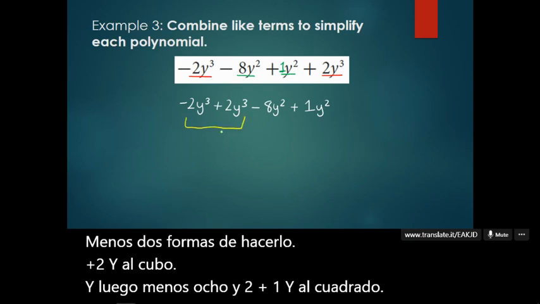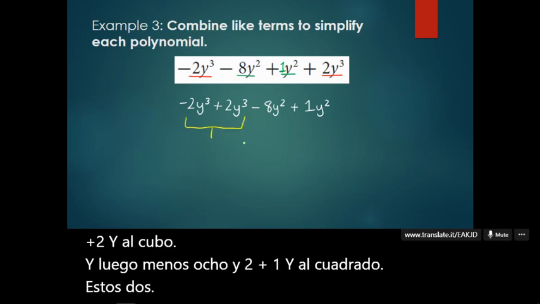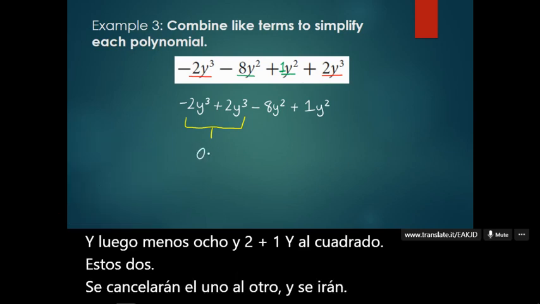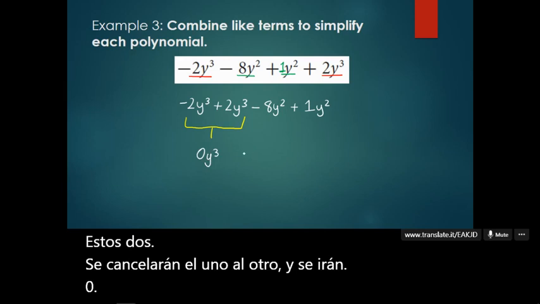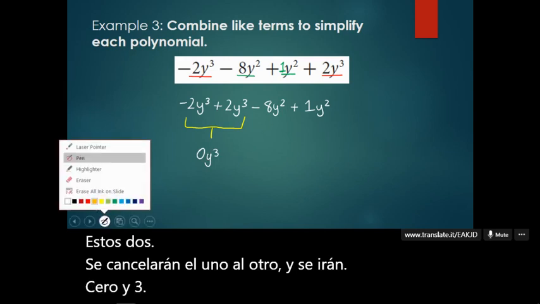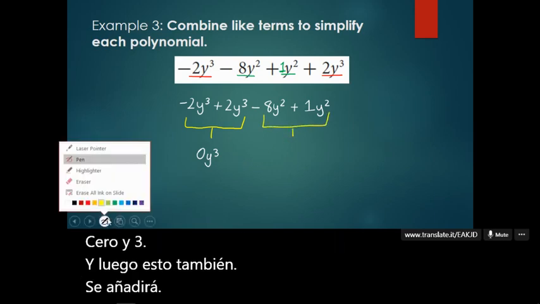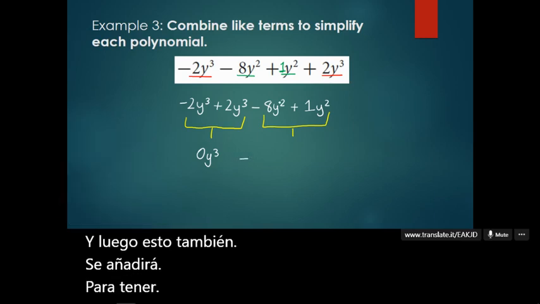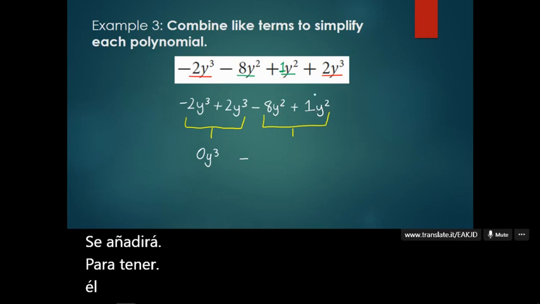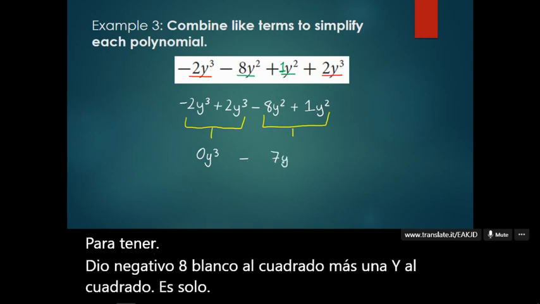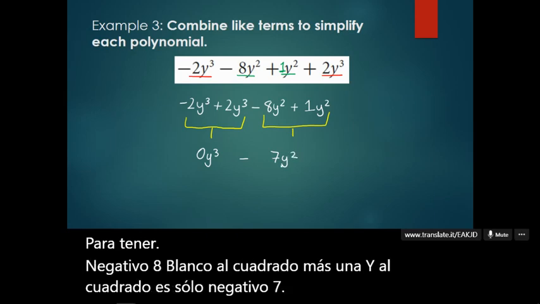These two will cancel each other out, leaving 0y cubed. And then these two will be added, a negative 8y squared plus a 1y squared, which is negative 7y squared.